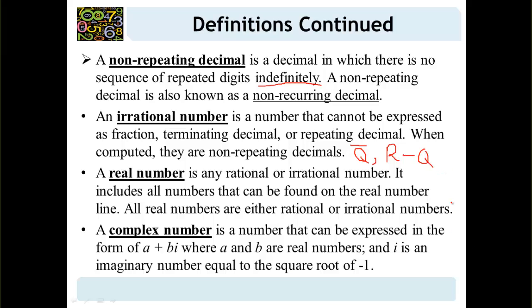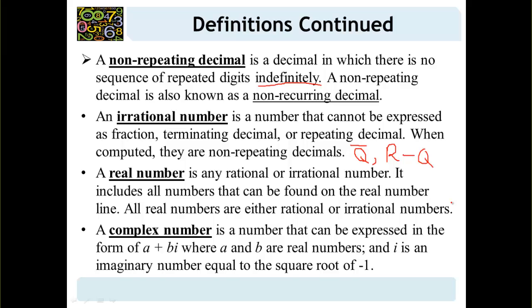Next on our list is a real number. A real number is any rational or irrational number. So we see that all the numbers we've been using up to this grade level are either rational numbers or irrational numbers. All those numbers are what we call real numbers.